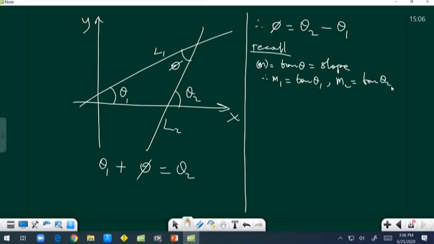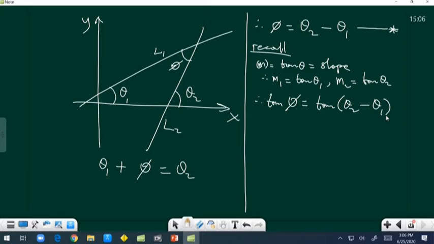If we have m1 and m2, we substitute using this expression here. We say that tan phi is equal to tan of theta 2 minus theta 1. So if we have this, we can solve and find the angle between them.